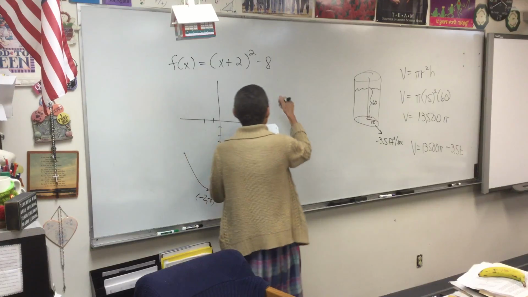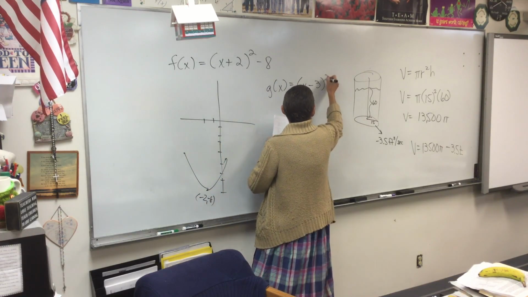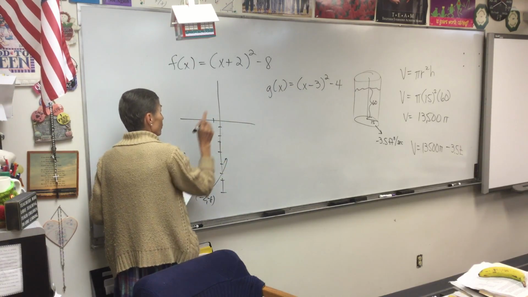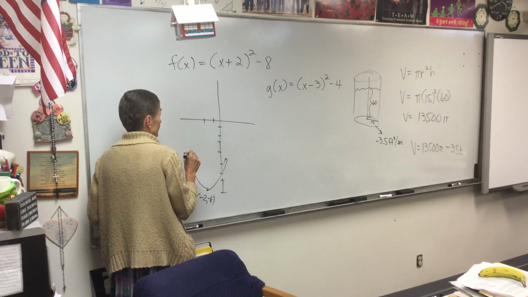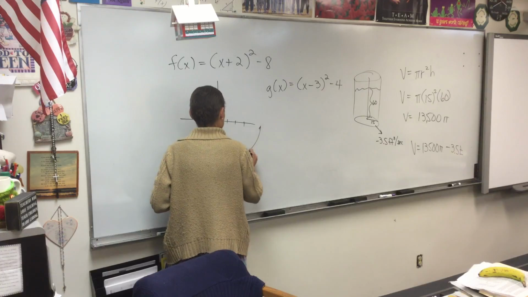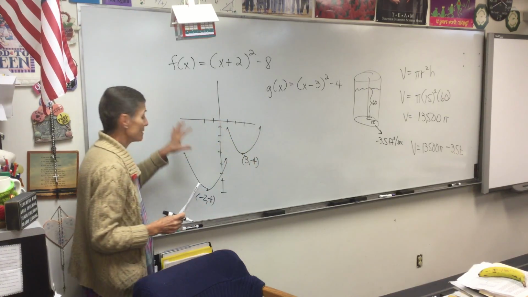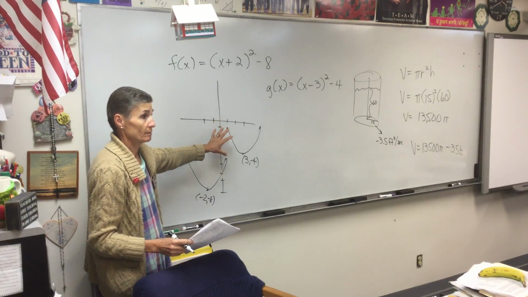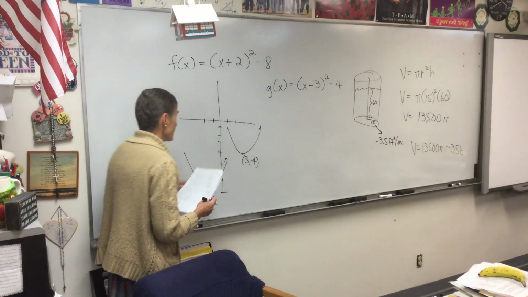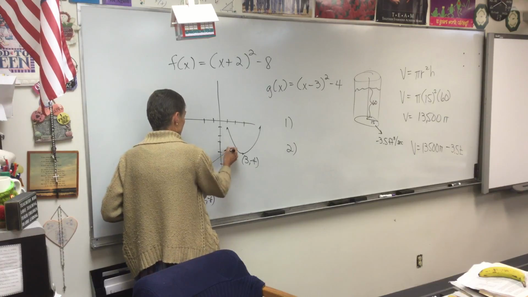Now I want to change that into this one. And I have to describe how I would do that. Well, that's still a parabola. Where's that one sitting? At 3, -4. Now, no matter how I have drawn them, these are exactly the same parabola. I've just moved them. So now you need to describe how you are getting from this one to that one.